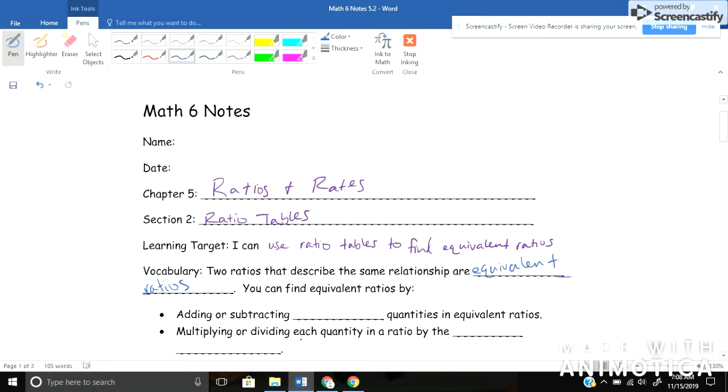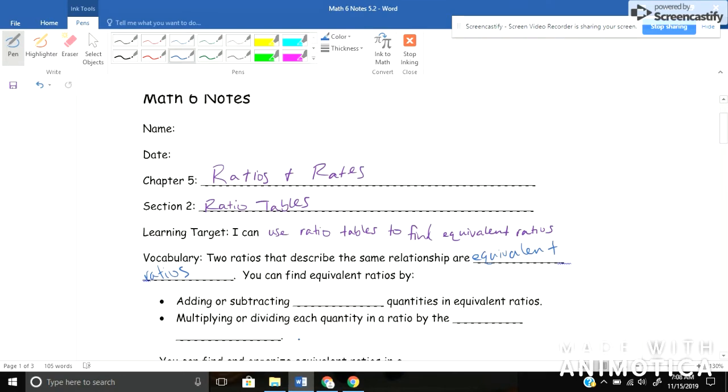You can add or subtract different quantities in equivalent ratios, and this is the method that I would not recommend, because it's going to be a lot less consistent.